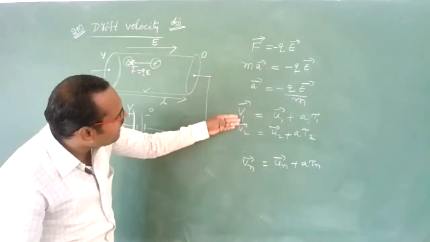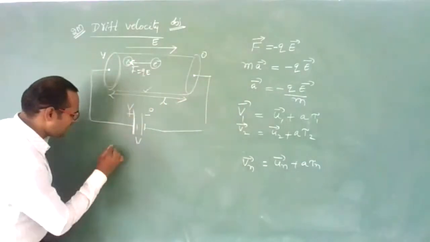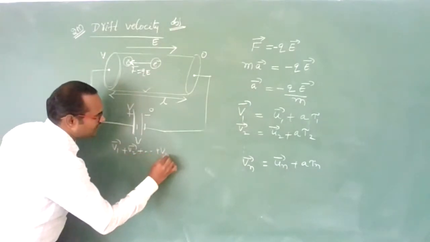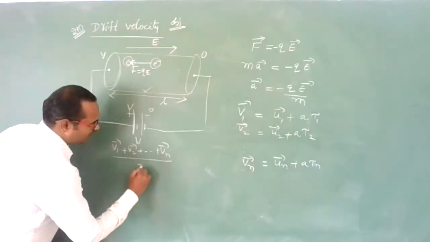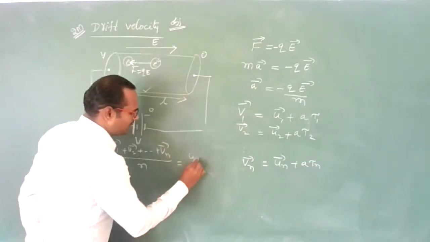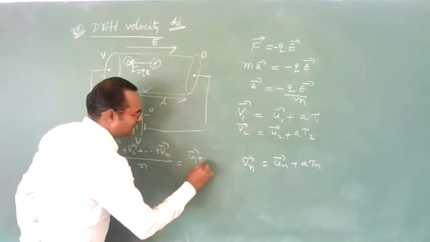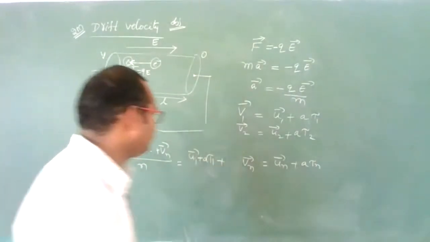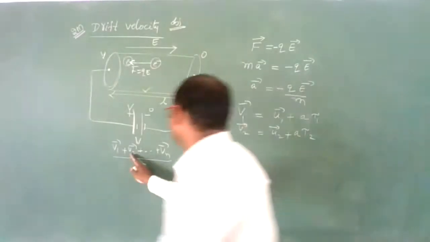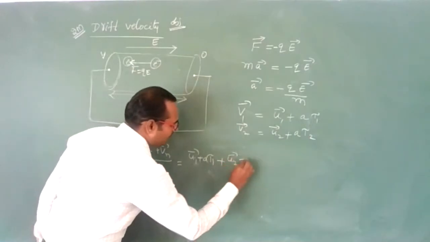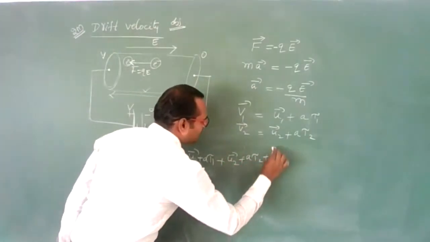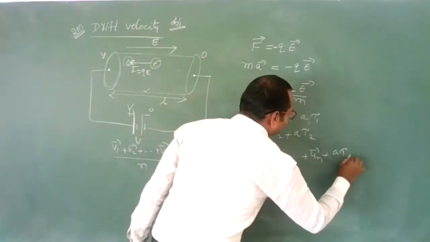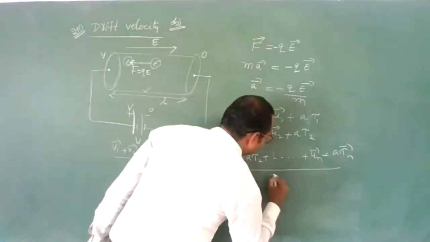Now, if we take the average of all these velocities, we get (v1 + v2 + and so on + vn) divided by n. What will you get? You will get (u1 + a tau1 + u2 + a tau2 + and so on + un + a tau n) divided by n.